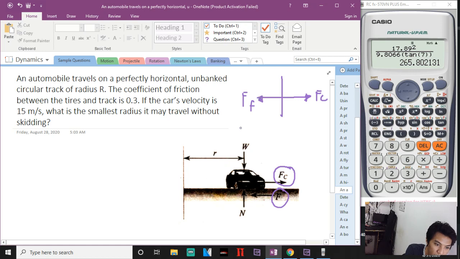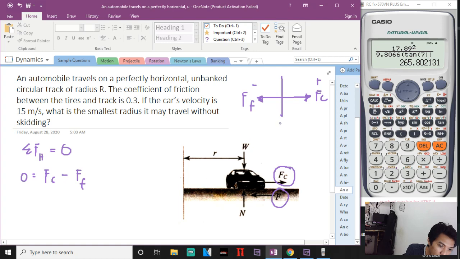Okay. Might as well, mas maganda kasi magkuha ka ng summation of forces. Summation of forces on horizontal equal to 0. Now, yung 0 na yon, tignan mo magka-counteract naman sila. Kung ito yung positive, ito yung negative. Okay? So, FC minus FF. Now, meron ka ditong normal and then the weight.